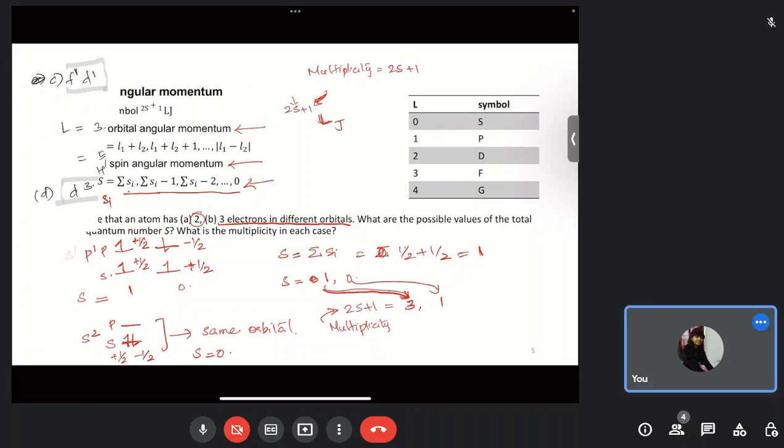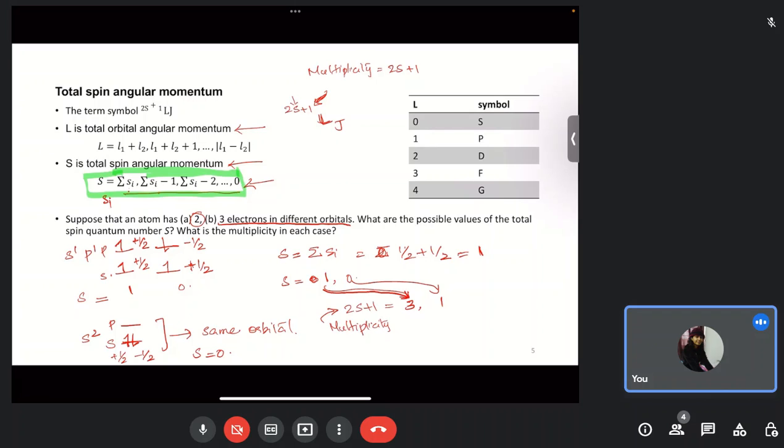Then we also covered how to calculate the total spin angular momentum of the system, and it can have values between the summation of Si down to 0.